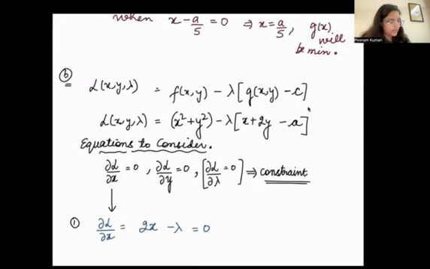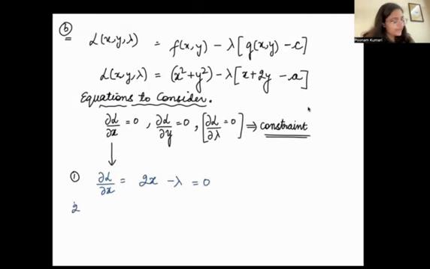Now, second step, Lagrange function with respect to y. What do we get? Similar logic, 2y, minus lambda x will be treated as a constant, and then minus 2 lambda y, so minus 2 lambda is the constant and y is the variable.